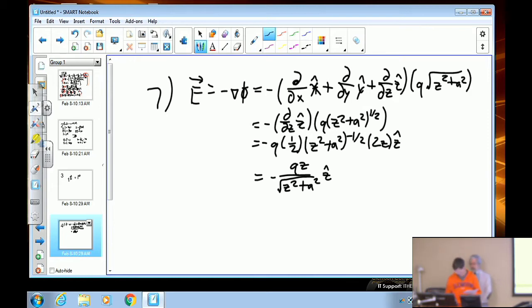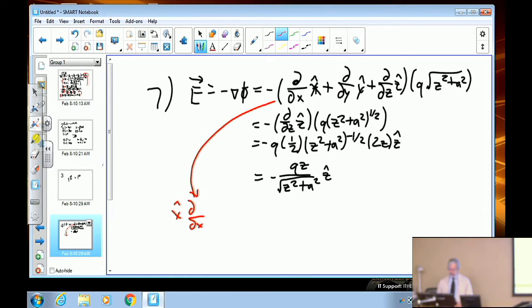Very good, Mr. Fox. That's right. The only improvement I would make is in your writing down the gradient. I would put the unit vectors to the left of the derivatives. Now in the Cartesian form, it makes no difference because the unit vectors don't change with position. And so really this isn't wrong, it's okay.